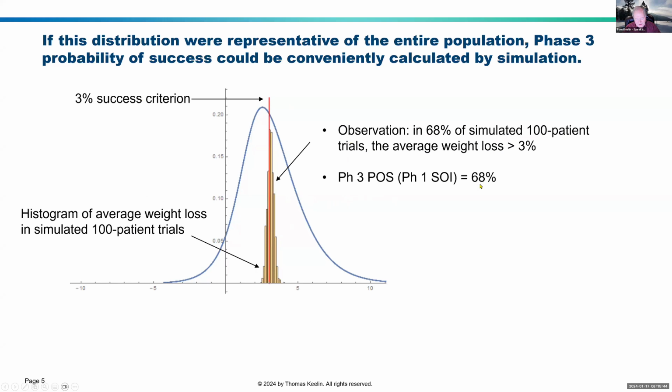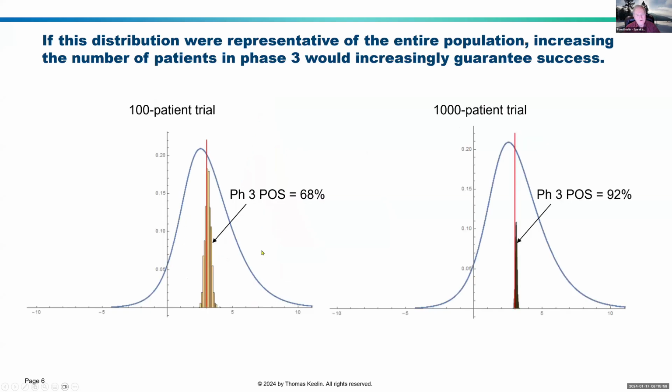Now, that's an appealing way to do it, but it turns out that this is not a correct answer. And it's interesting to consider why it's not a correct answer. The reason becomes illustrated if you simply do a thought experiment. The thought experiment is, what if we increase the number of patients in the trial from 100 to 1,000? You do exactly the same calculations, exactly the same simulation, except each trial has 1,000 patients rather than 100.